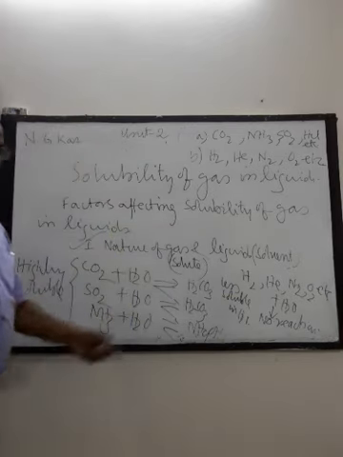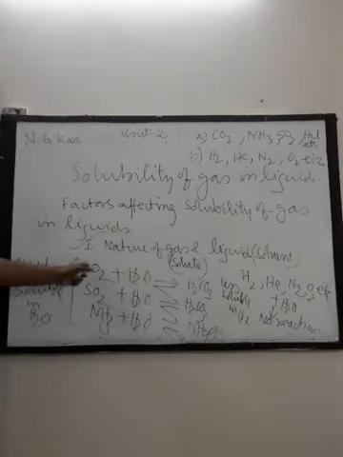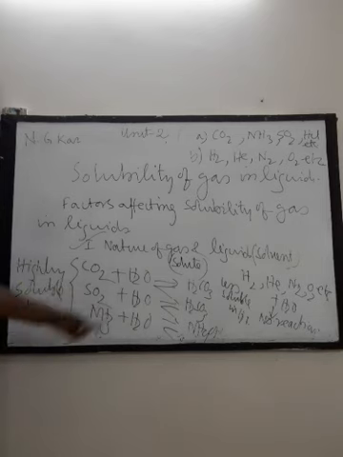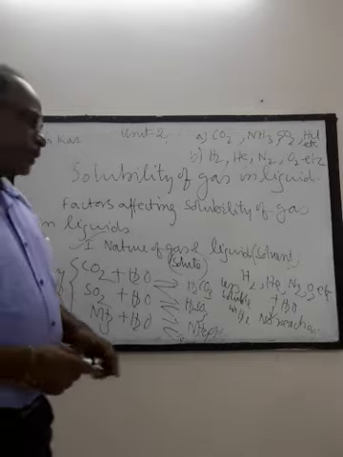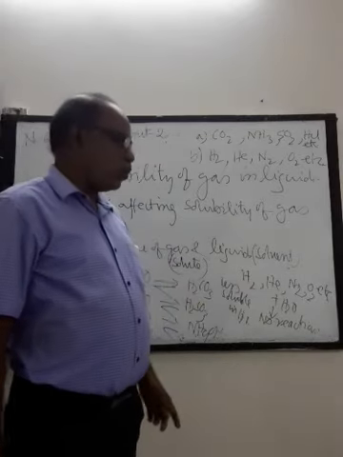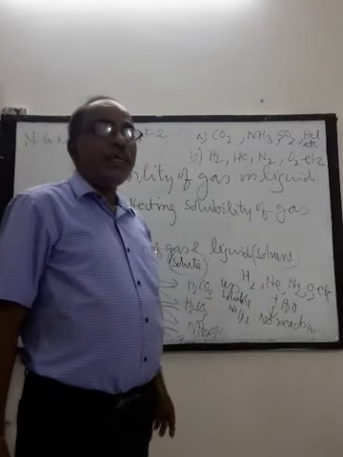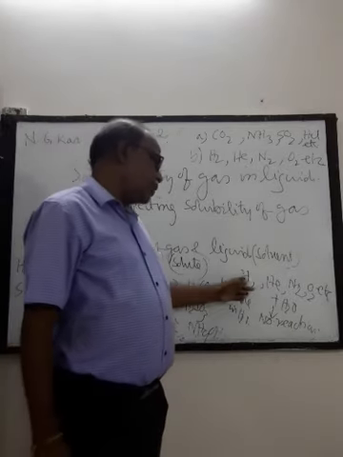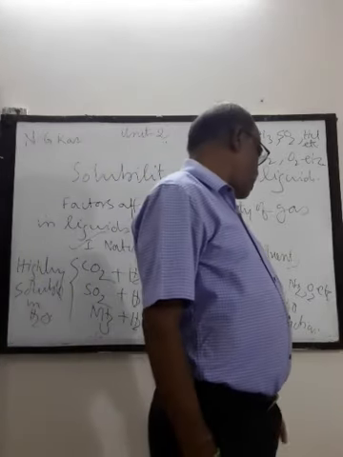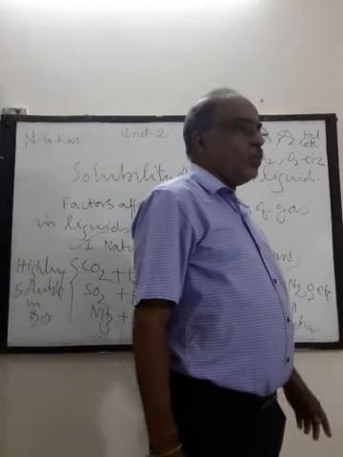So gases are classified in two categories. Some gases where chemical combination takes place with the solvent are highly soluble in water, and these gases are easily liquefied by lowering temperature and increasing pressure. And some other gases where liquefaction is not possible, or in other words, which are incompressible, have no chemical combination with the solvent, so they are less soluble in water.